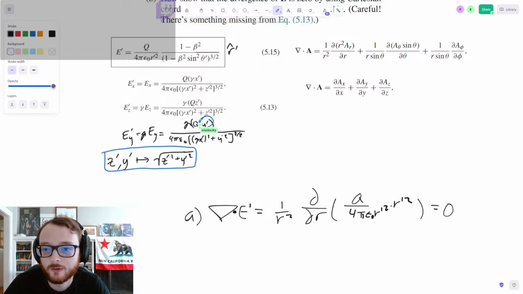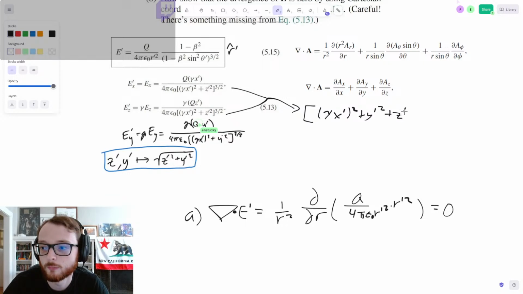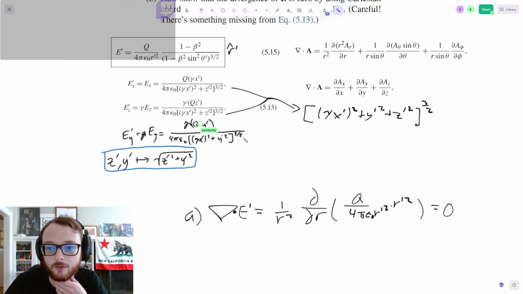So I would say we take those two equations and make them into gamma x prime squared plus y prime squared plus z prime squared to the 3/2. This should be the denominator for all three of them, is what I'm saying. Right.